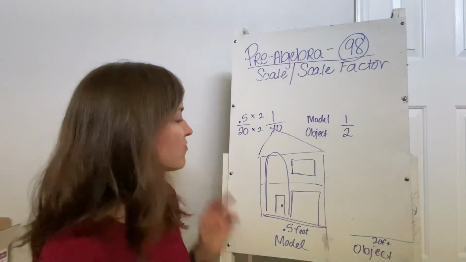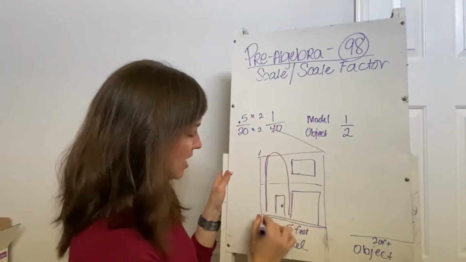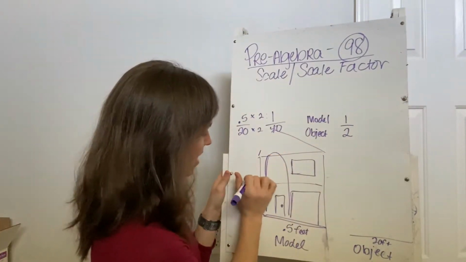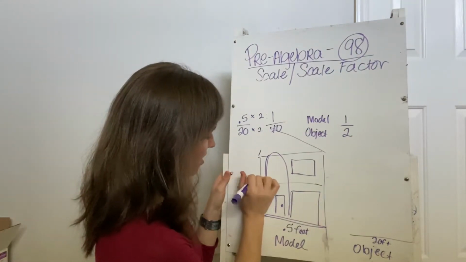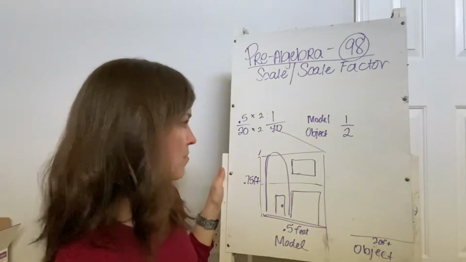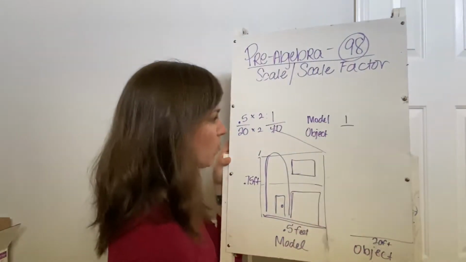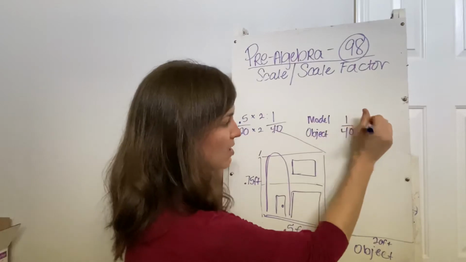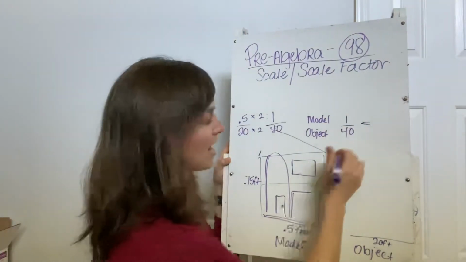Okay, so if that were the case, and I knew that this side right here measured about 0.75 feet, then I could set up my model to object of 1 over 40 and make a proportion where that's equal to my actual measure.